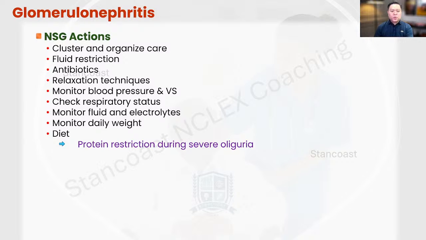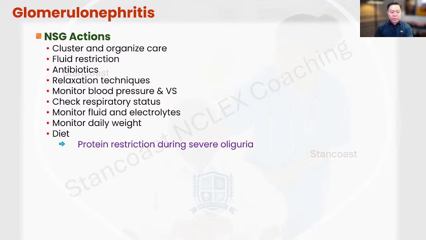The kidneys are actually not able to excrete the protein waste products. So this time we really need to notify the physician about this, because there is a plan possibly that we are going to restrict the protein intake in order to prevent more buildup of the byproducts of the protein. It will lighten the kidneys' workload if we limit their protein intake.